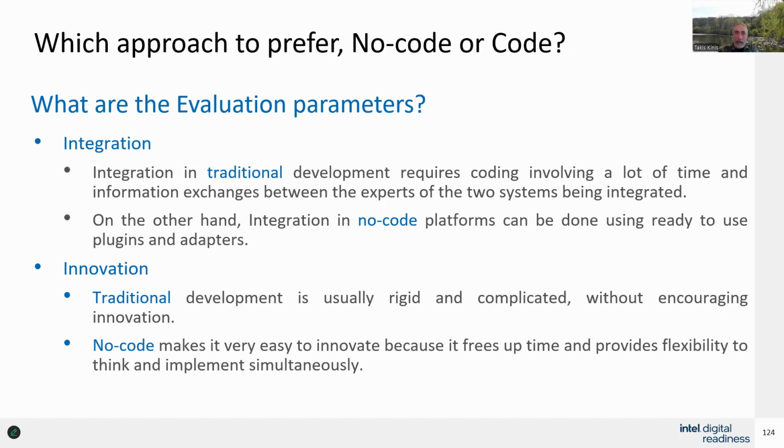No coding platforms might be a little more limited in the kinds of data or systems they interface with. And the same thing with innovation. The traditional approaches are, well, they're rigid. Yeah, they are rigid. And I'm not going to say they don't encourage innovation. People still get very innovative with that stuff. But no code makes it really easy to innovate because it goes so quickly, basically.